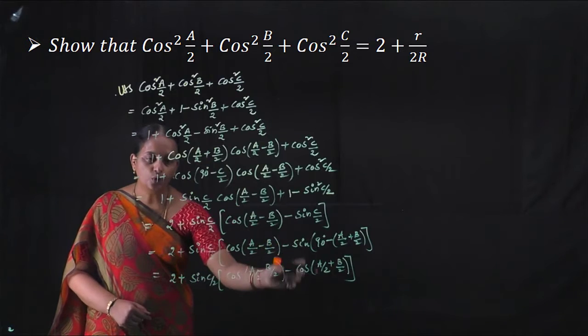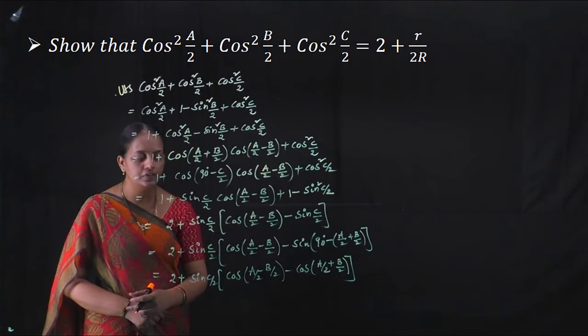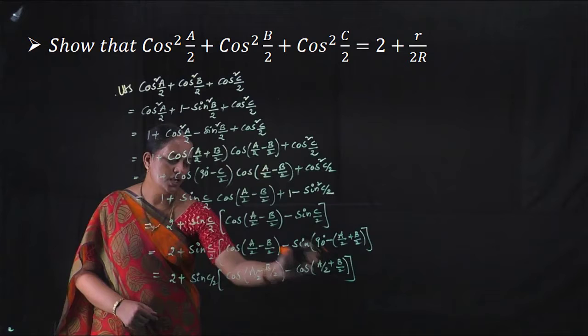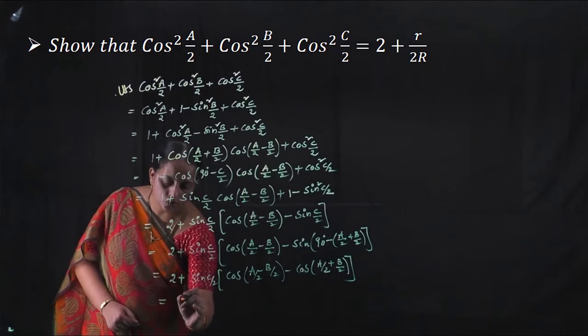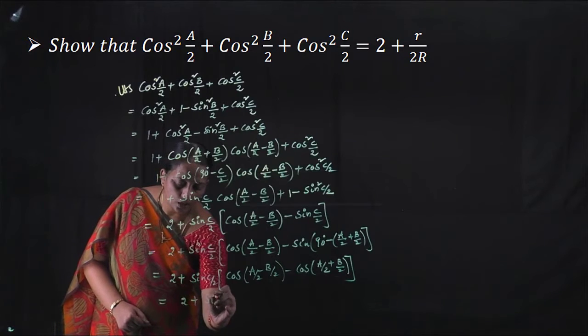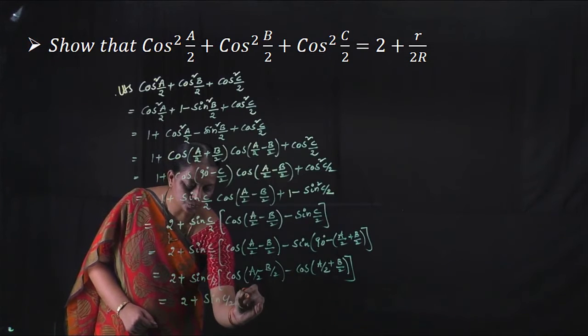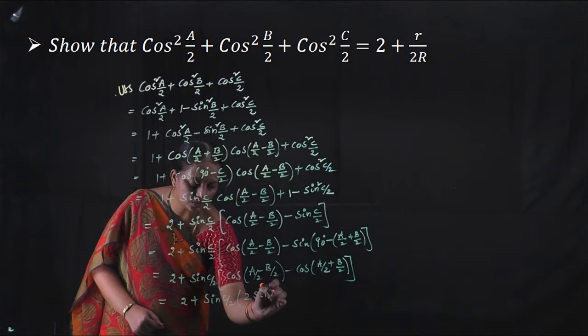This is one of the most important formulas which we use frequently. That is, cos of A minus B minus cos of A plus B means 2 sin A sin B. So this is equal to 2 plus sin C by 2 into 2 sin A by 2 sin B by 2.